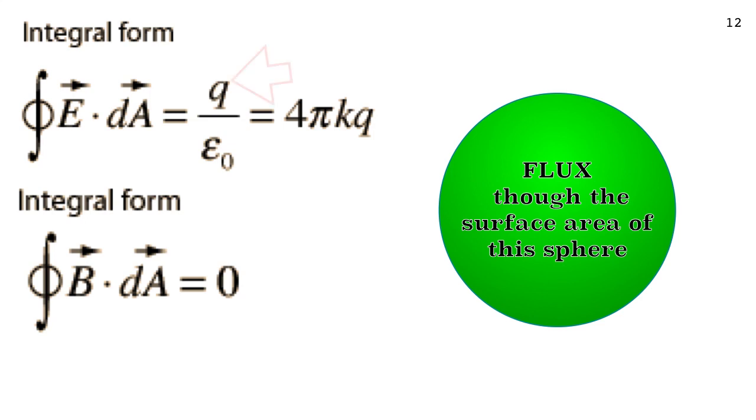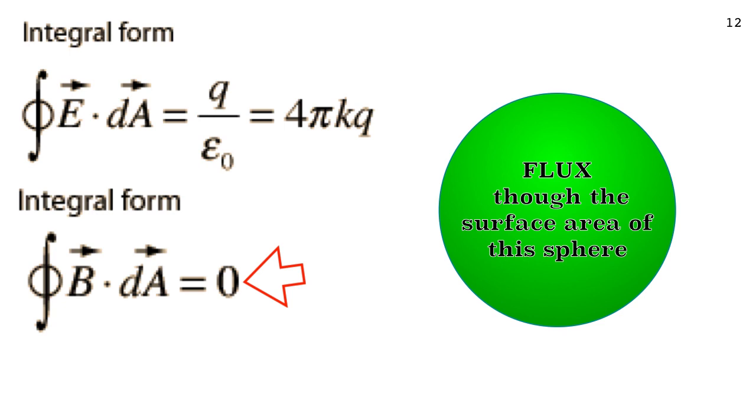All right, so here's your source charge. Go ahead and make a note of that. Q is the source charge. But down here, we don't have anything for a source charge on the similar looking magnetic flux. So the left-hand side of each of those equations is something we've already done. Flux.